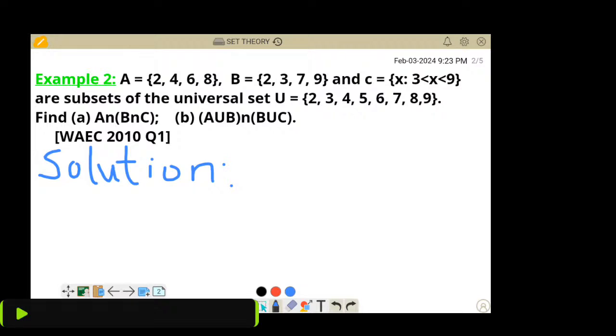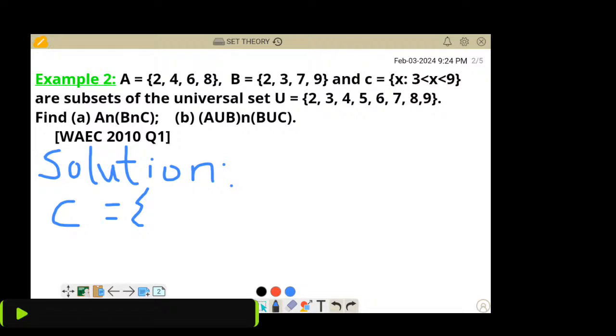But before we proceed, I think the first thing to do is to write out the elements of C, because C is given in the form of an equation. Now we can say C equals x such that 3 is less than x less than 9. That is, the set will start from number 4 and stop at number 8, because 3 is less than x and x is less than 9.